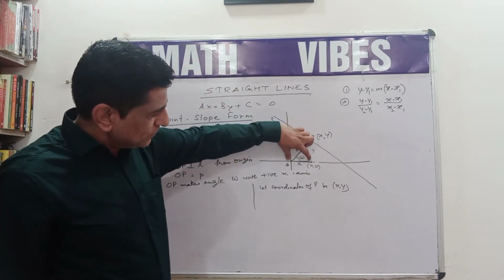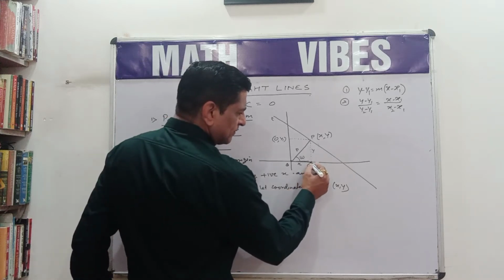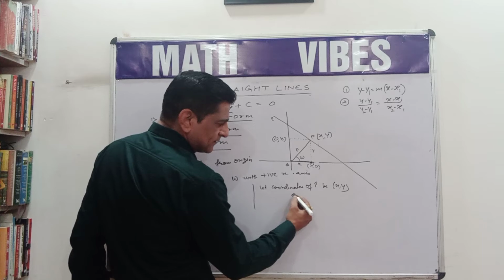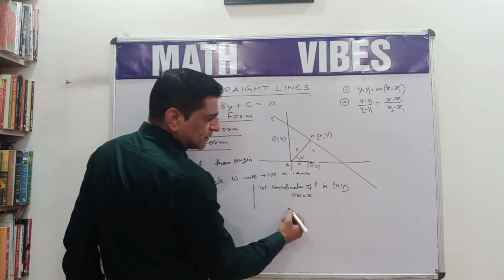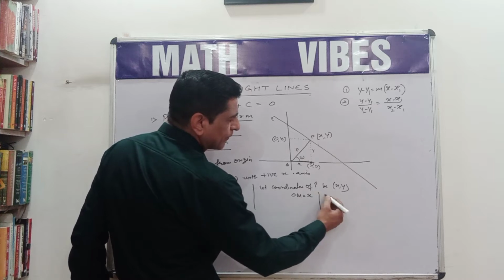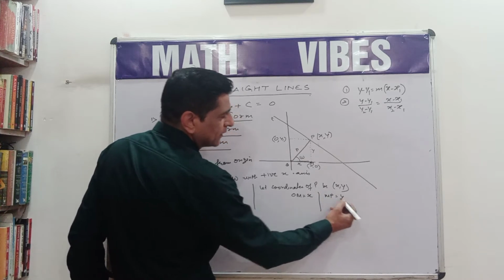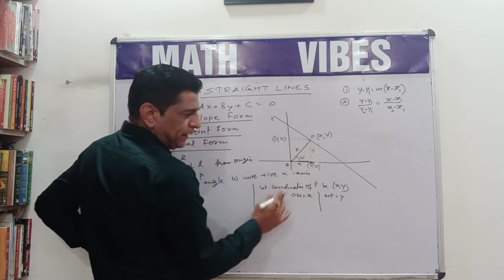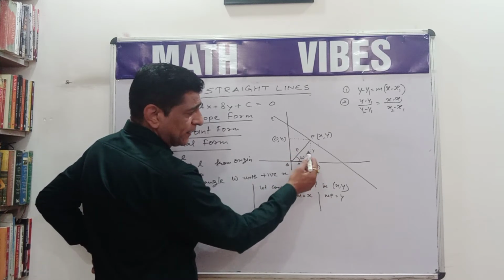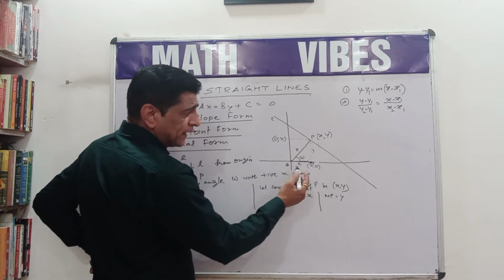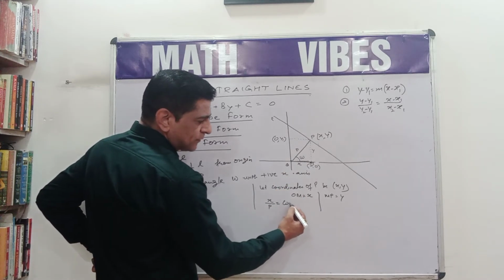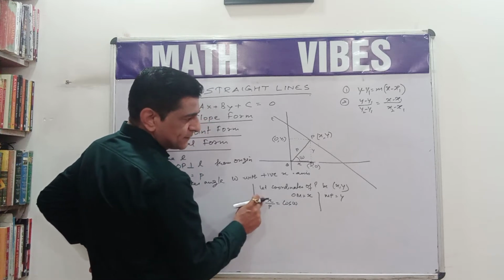This point, let me name it M. So OM is x and MP is y. OP is p. So if we apply trigonometric ratios in this triangle PMO, we will get x by p = cos omega, it's base by hypotenuse.